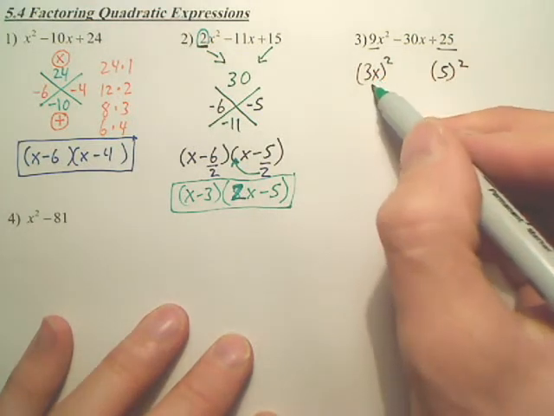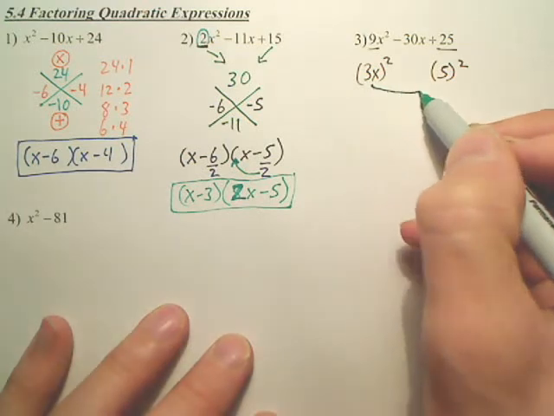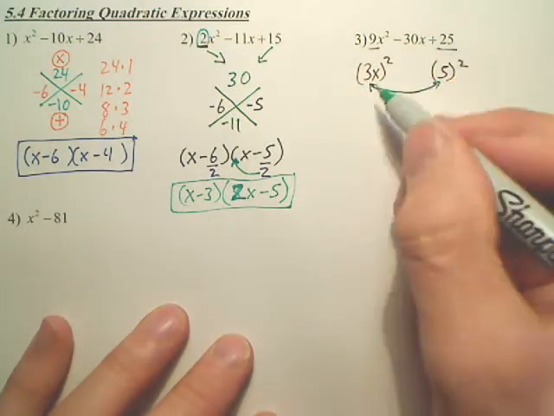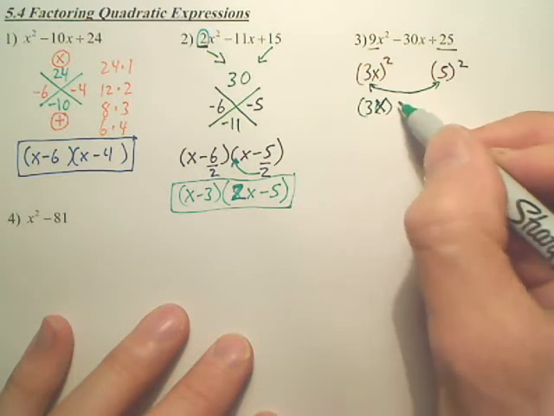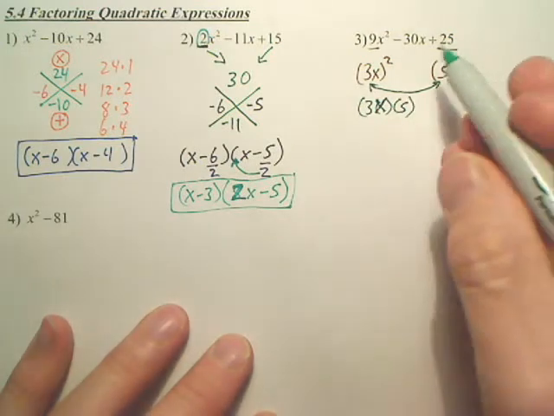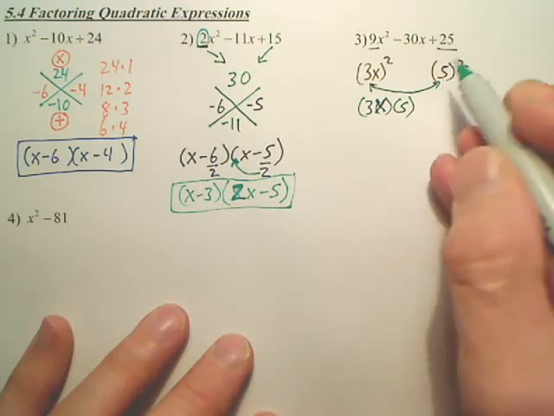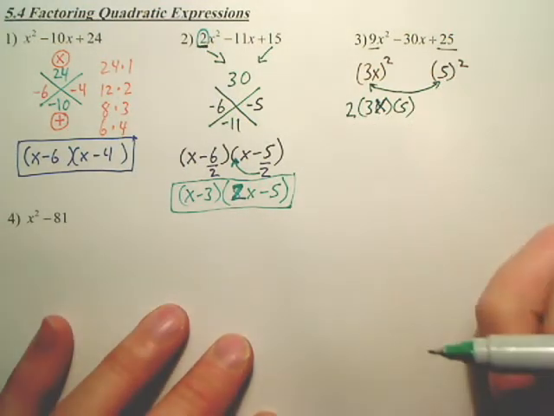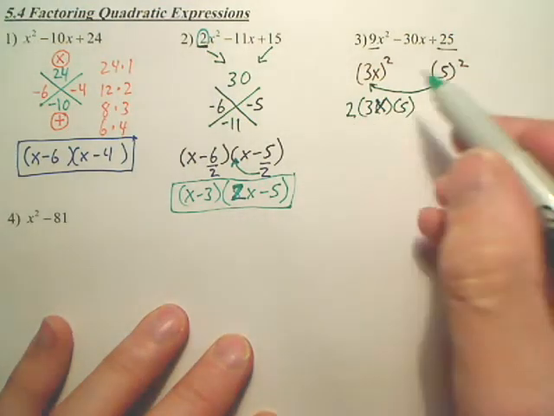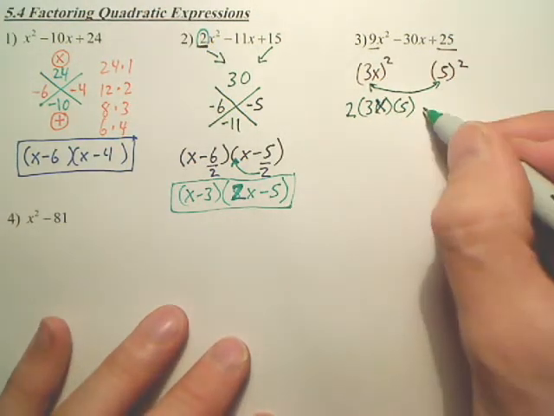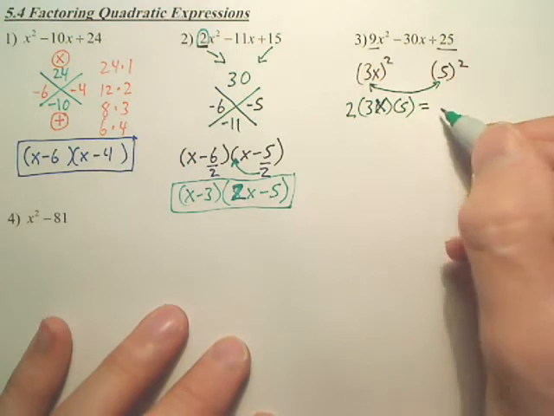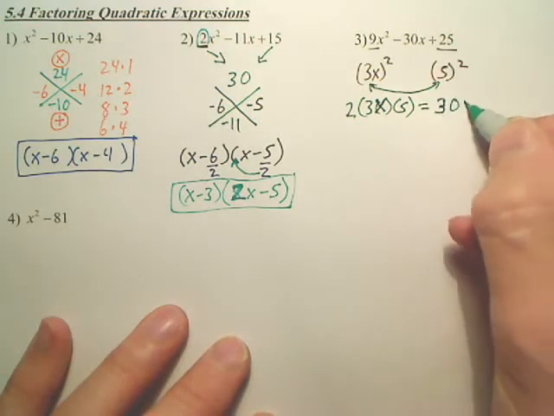What you do is you take these two things and you're going to multiply them. You're going to take 3x multiply by 5. So you get 3x, multiply it by 5, and then double it. You take the 3 times the 5 and double it. What do you get in this situation? 30x.